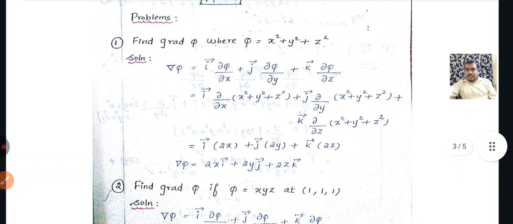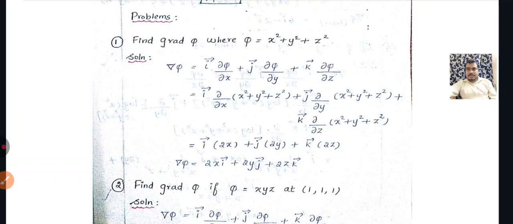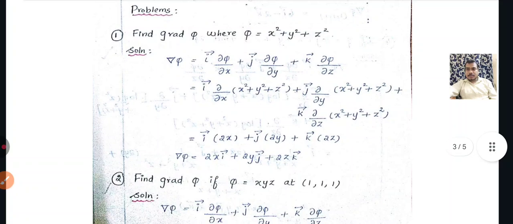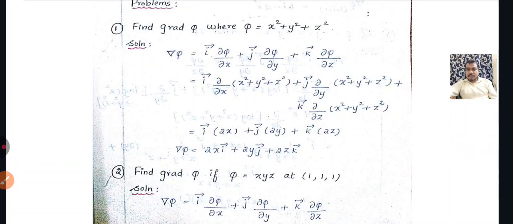Solution: del pi is written as, by the formula, gradient of pi is i vector into dou pi by dou x plus j vector into dou pi by dou y plus k vector into dou pi by dou z. Here the value of pi is x squared plus y squared plus z squared. Differentiate the first term, dou by dou x of x squared plus y squared plus z squared. The remaining y squared and z squared are constants, so they tend to 0.